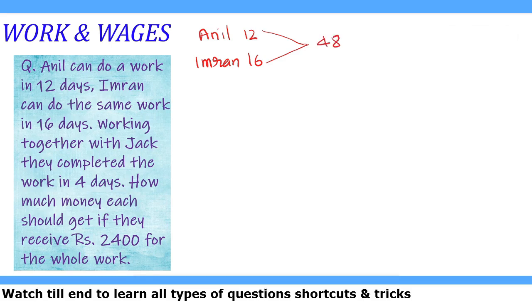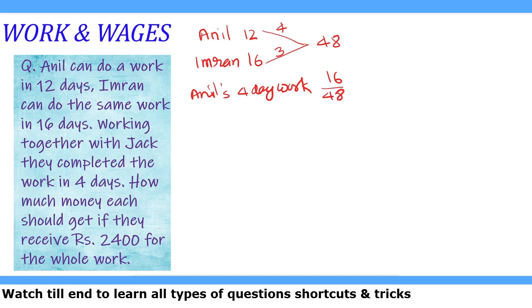So we divide the work in 48 parts. 48 divided by 12 is 4, so 4 parts Anil does every day, and 48 divided by 16 is 3, so 3 parts every day is done by Imran. So 4-day work of Anil is 4 multiplied by 4, which is 16 parts out of 48 parts.